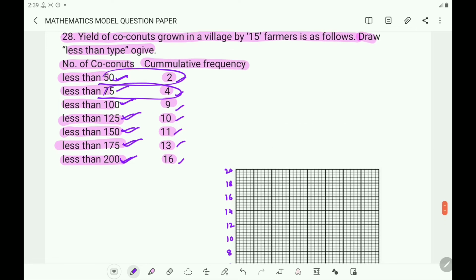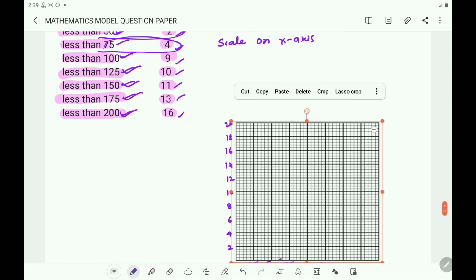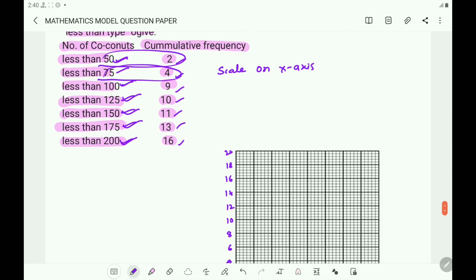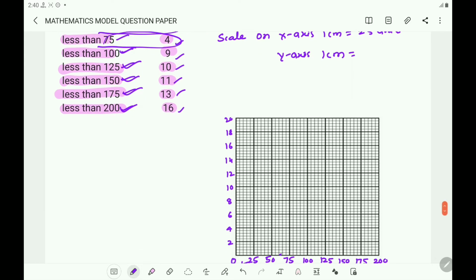Here scale what you have taken. Scale on x-axis we have taken 1 centimeter equals 25 units. On y-axis we have taken 1 centimeter equals 2 units.